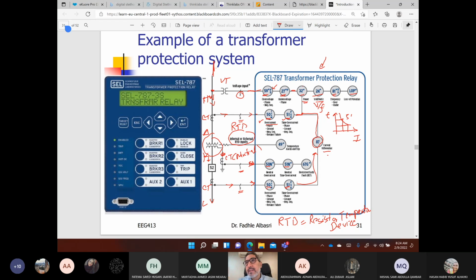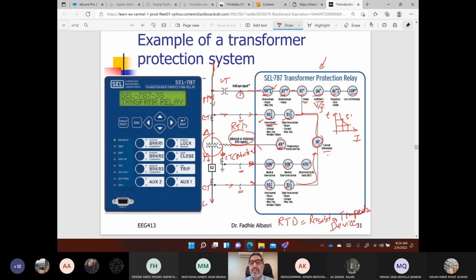I can have it on outdoor sensors so that I know the ambient temperature. Is it higher than specified or not? So these are temperature inputs to the relay, based on which I can give alarms, okay? Or sometimes it is used in trip actions.